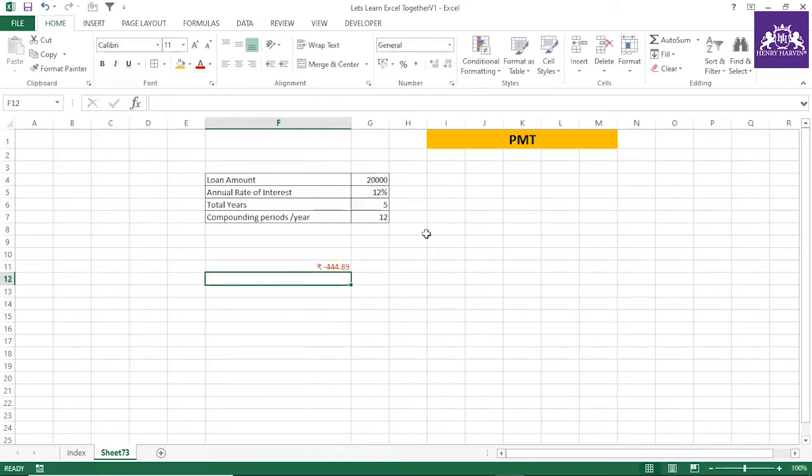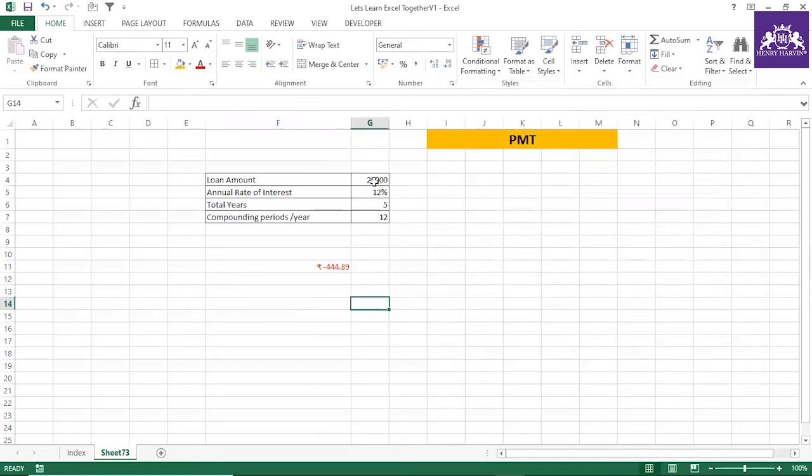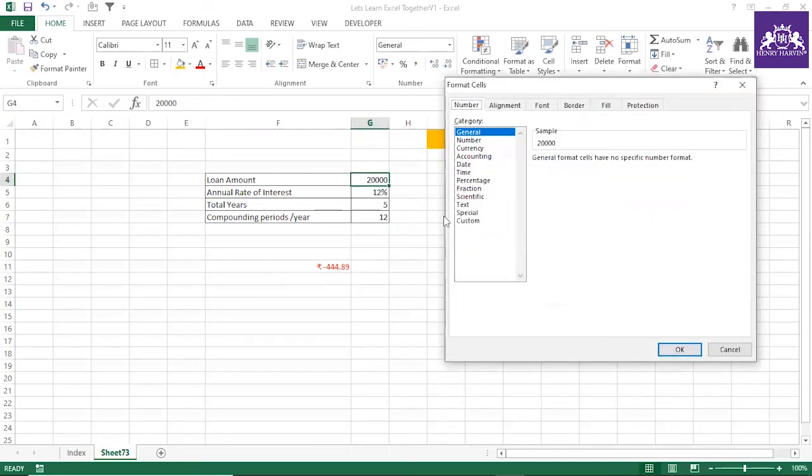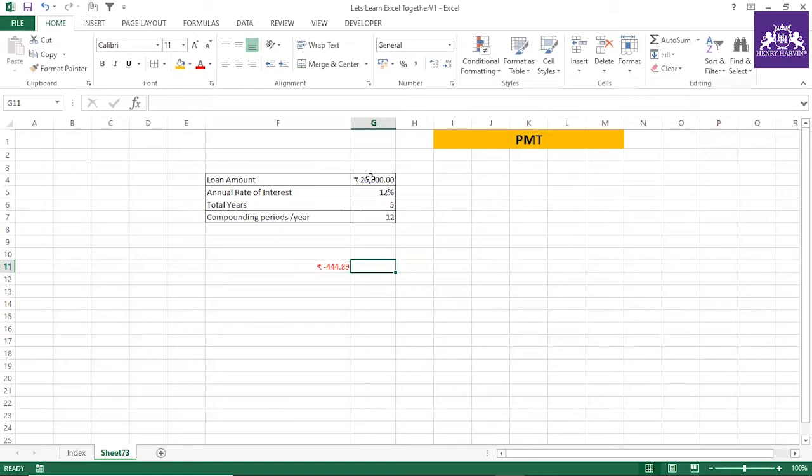You can see this is the amount which I am getting. Let me put the currency format in rupees. So 20,000. Now why do we get this amount in negative? Because this is our monthly payment, a cash outflow.